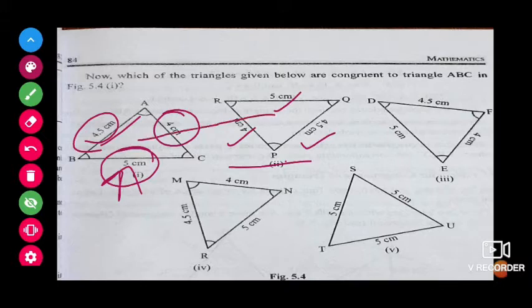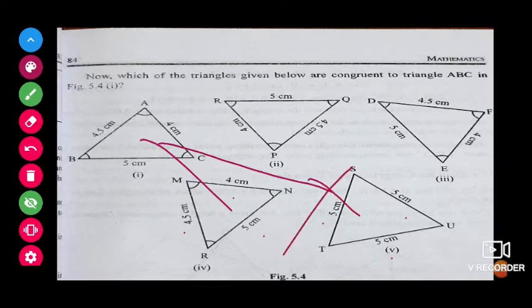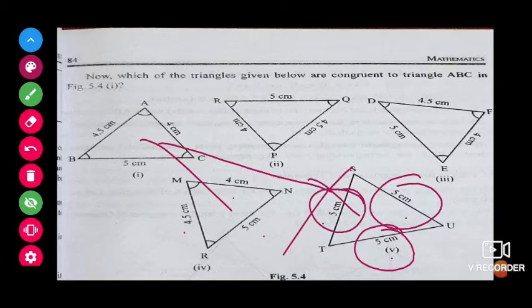So both are congruent, meaning equal. Next, again yes, this is also 4, 4.5, 5, so this is congruent to this. Next 4, 4.5, 5, yes, these are also congruent. Next 5, 5, 5: are these congruent? No, these are not congruent because the dimensions changed slightly.